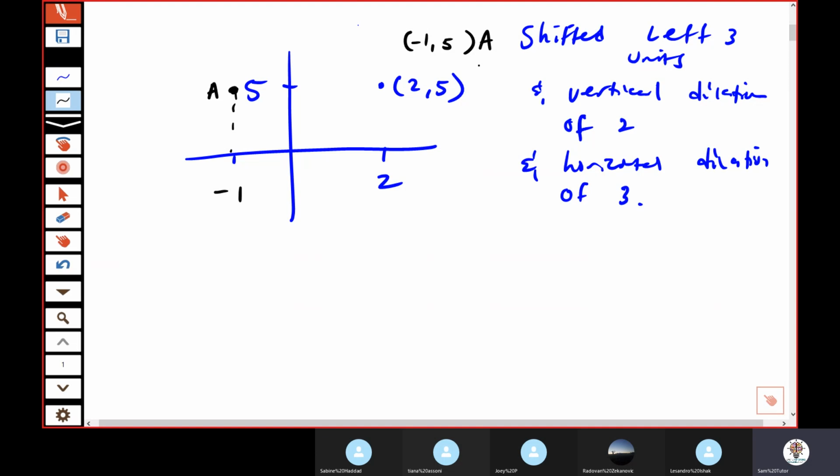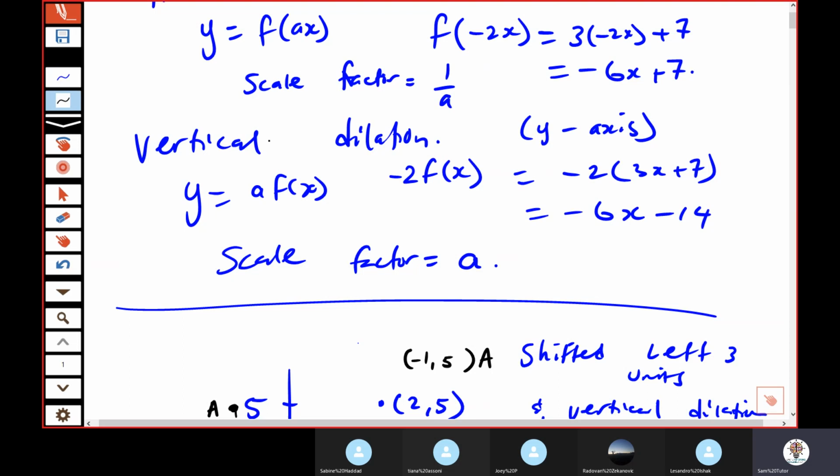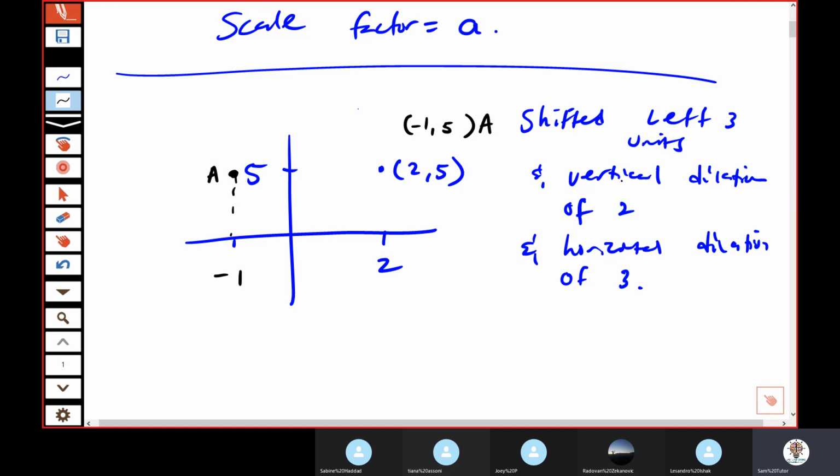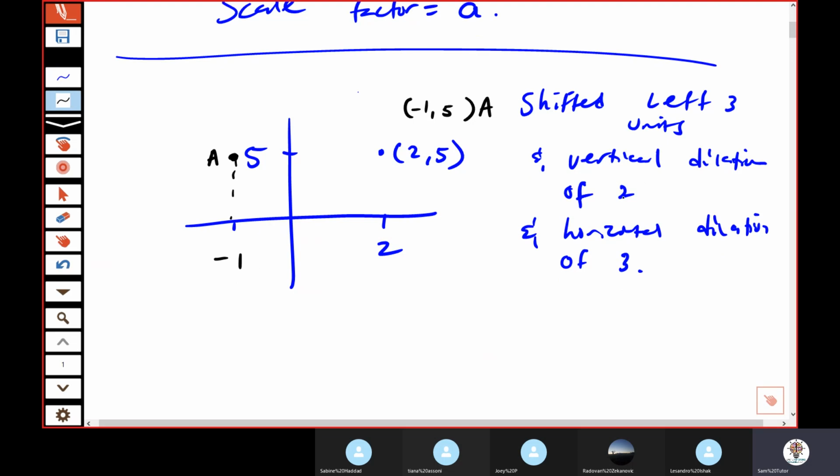A vertical dilation. What does a vertical dilation do? It should be a of f of x, which means it changes the whole y value by the exact same scale factor. So what's the scale factor? It is 2.